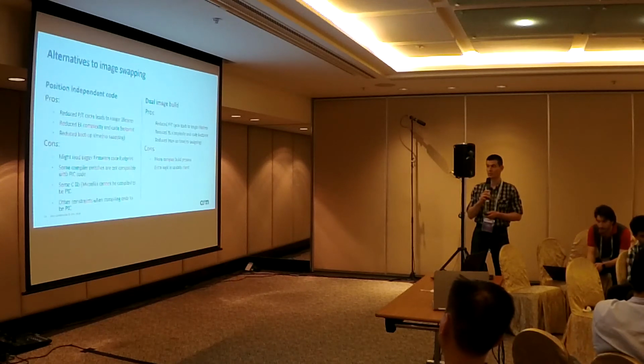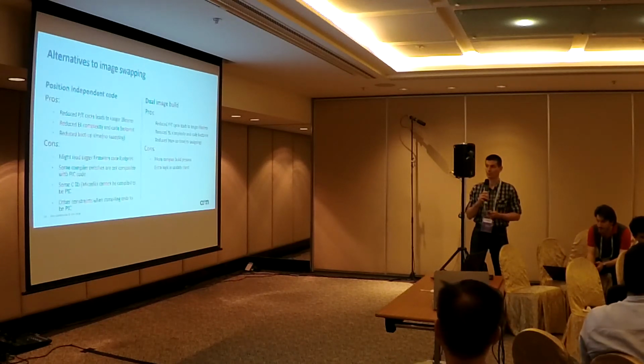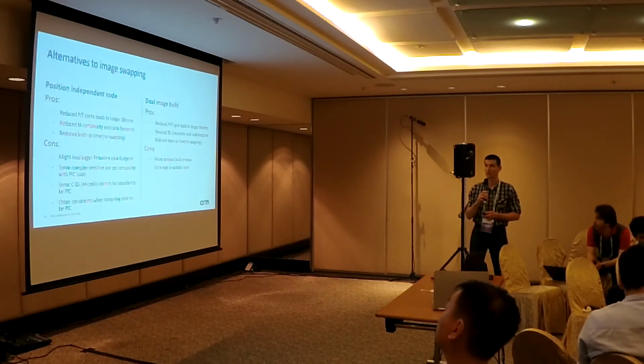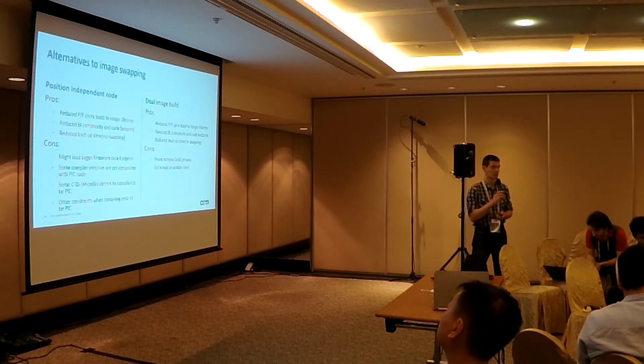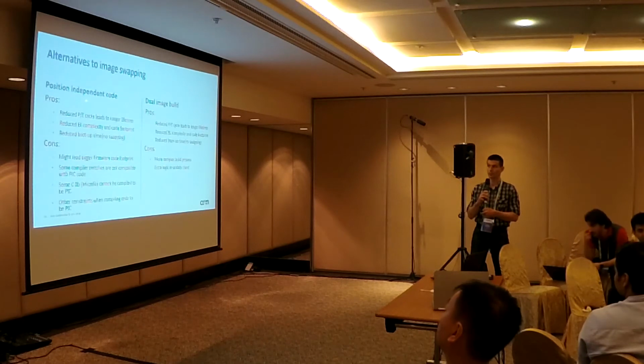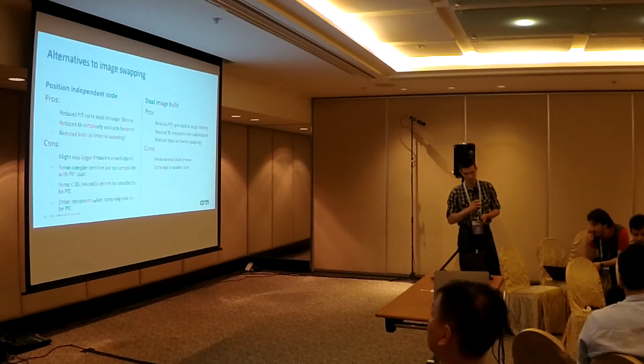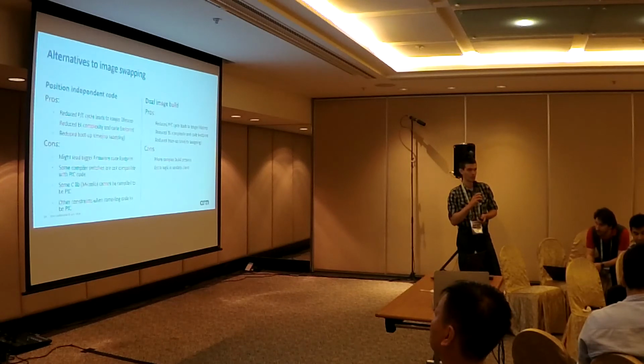So here is an alternative solution where you can avoid doing the image swapping. You can compile position independent code, which means that you can download your software to any position in the flash and it will run.